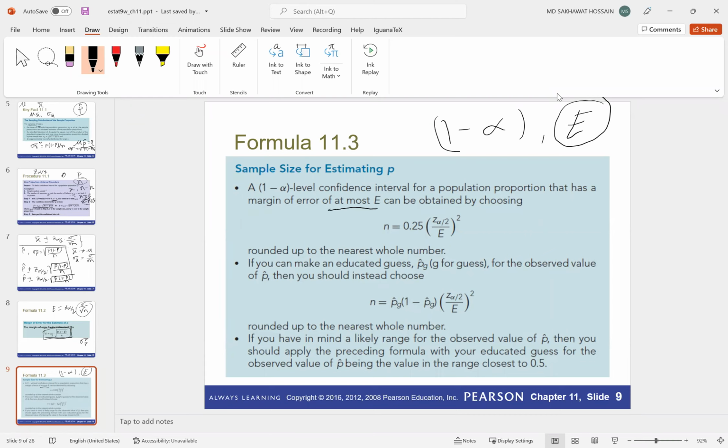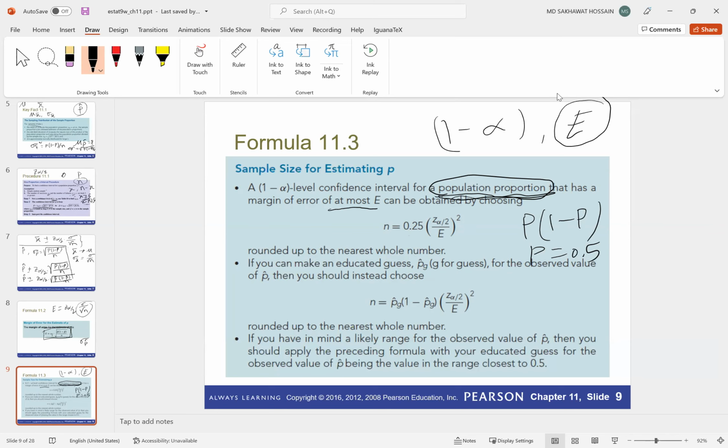Okay, so the sample size n is equal to 0.25. So how did we get 0.25? If you do not know the population proportion, if this is not given, then you will be using 0.25. Actually, the 0.25 came from here, p times 1 minus p. If the population proportion is not given, then you will consider the population proportion to be 0.5.